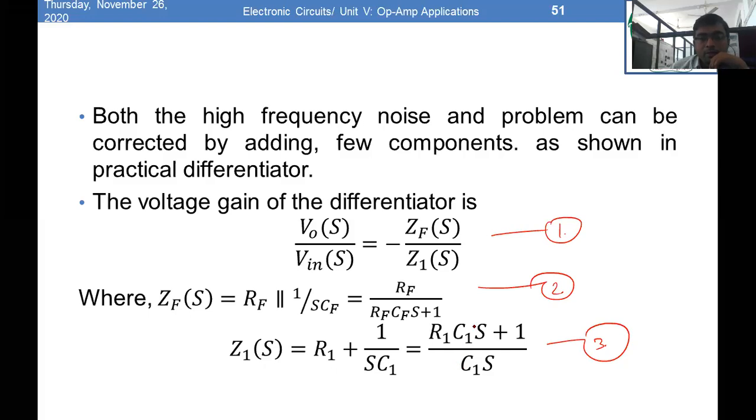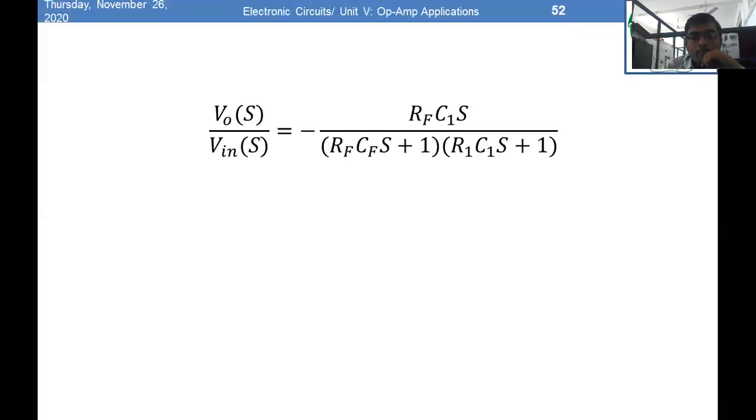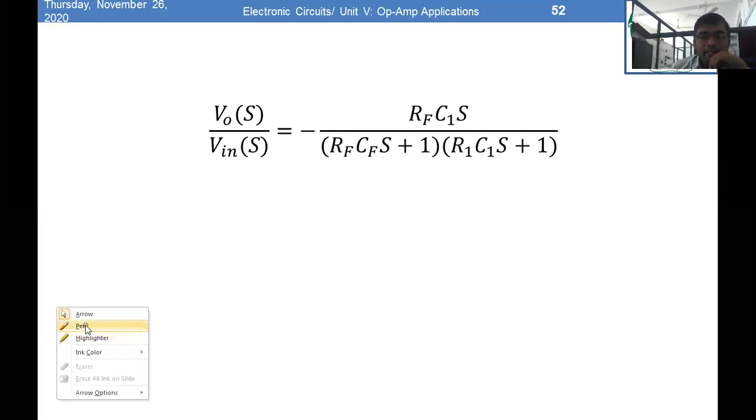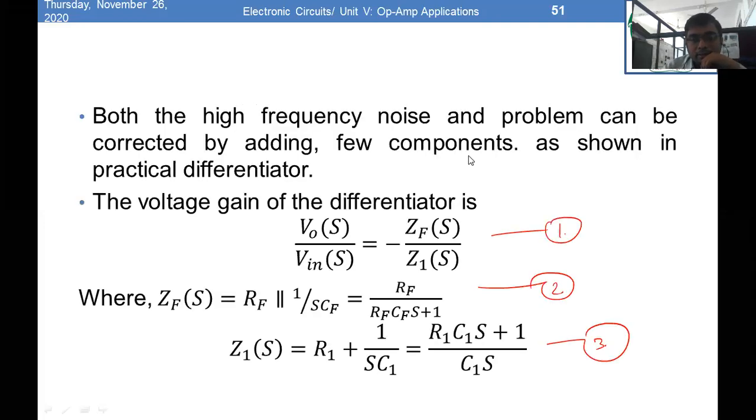Further, we have to substitute the values of ZF and Z1 in equation number 1. So the new relationship between V0 and Vin would be V0(S) upon Vin(S) is equal to minus RF C1 S upon (RF CF S plus 1) into (R1 C1 S plus 1). So this is very simple.